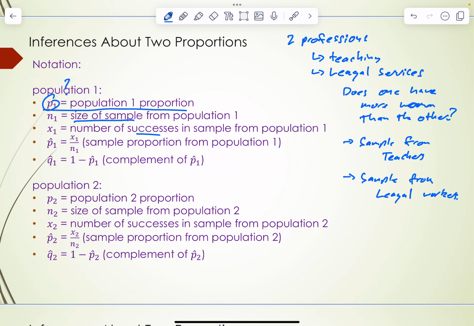X1 is the number of successes. That just means how many people make up that population, so in this case, that would be the number of women. P hat is the proportion, and Q hat is the complement. Okay, and then we do the whole same thing again, but with the other population.